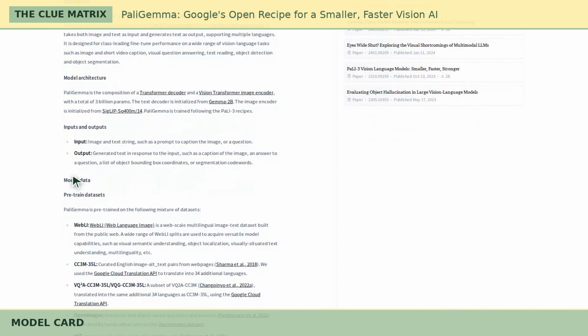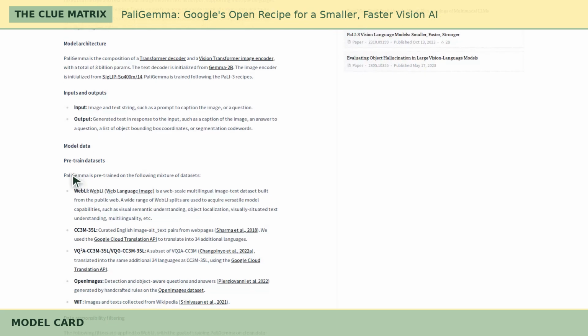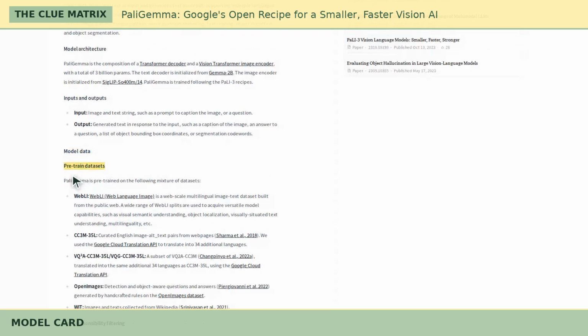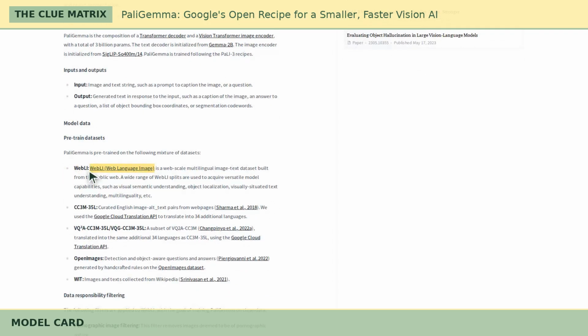This is always a critical question. The primary dataset is WebLI, which is a web-scale multilingual image-text dataset. This is where its ability to understand a huge variety of concepts comes from. And they specifically augmented other datasets to translate into 34 additional languages. Multilingual support wasn't an accident. It was a design goal.